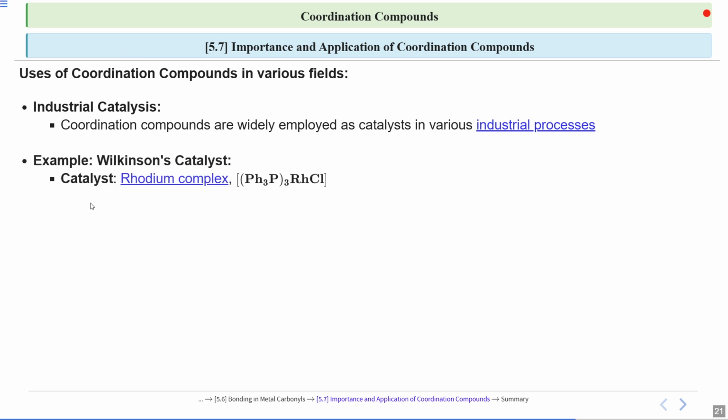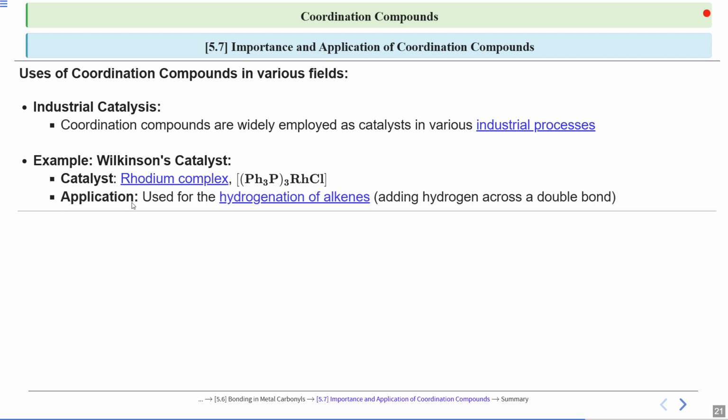The catalyst is a rhodium complex, (PPh3)3RhCl, called Wilkinson's catalyst. It is used for hydrogenation of alkenes, that is, adding hydrogen across a double bond. That means the double bond is converted to a single bond. For this process, we use the rhodium complex, Wilkinson's catalyst, to increase the rate of the reaction.